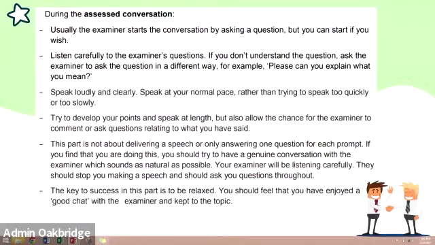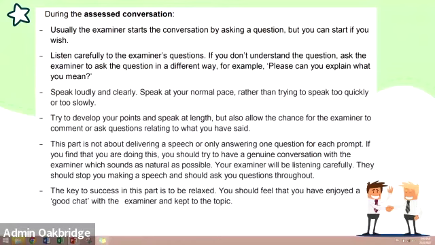Second thing that you must remember is you must listen carefully to the examiner's questions. For example, if they ask you a question and you don't understand what they said, then you can ask the examiner to repeat the question differently. For example, you can say, please, can you explain what you mean? Or you can say, can you please repeat the question?